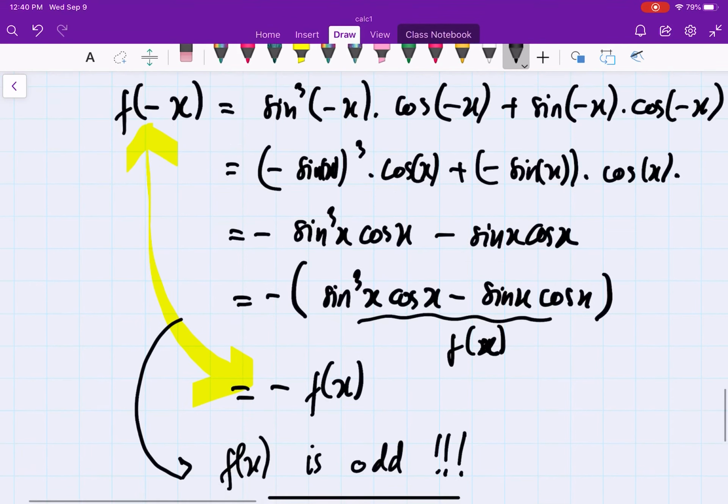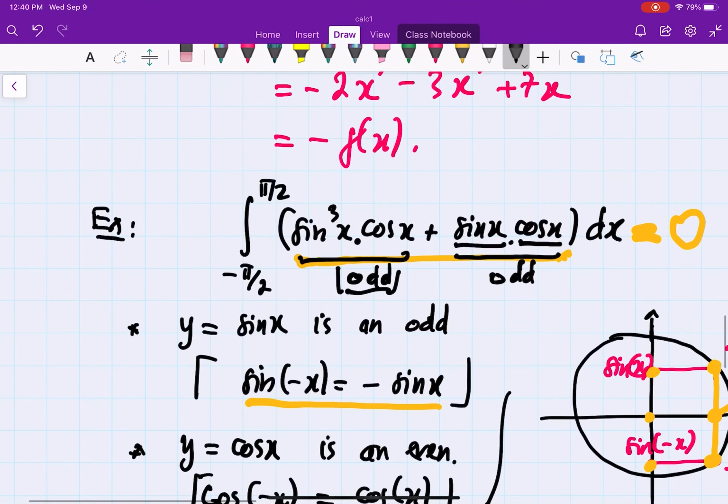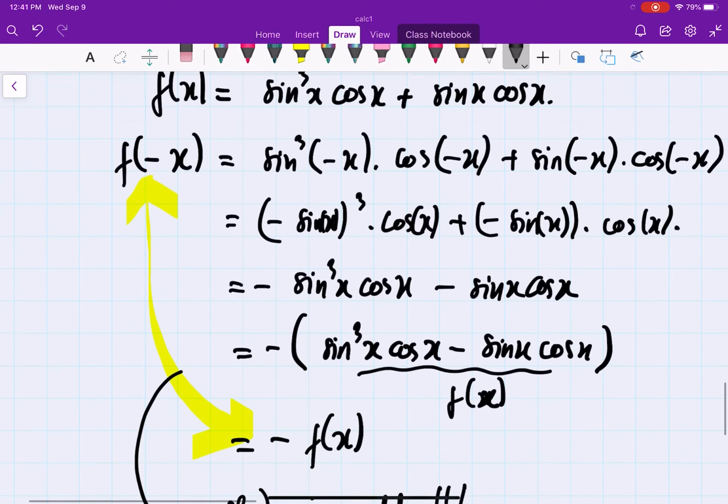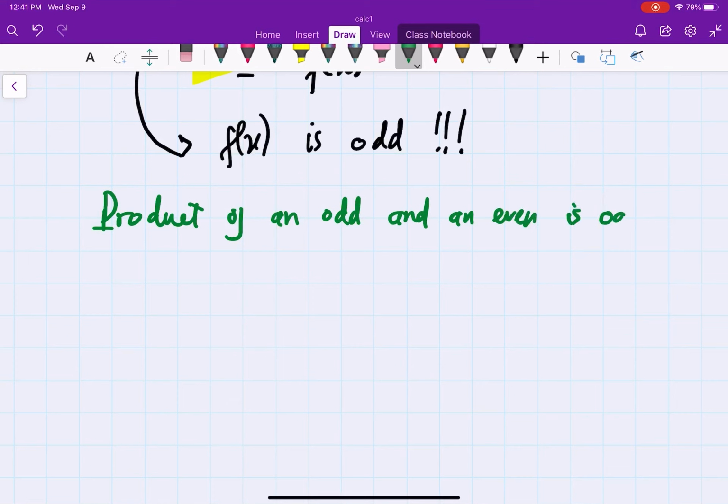You see, it looks very interesting, right? Very simple. And from this example, as I mentioned, when we discuss the integrand function, we see the product of an odd and an even is odd, right? Don't forget that. The product of an odd and an even is odd.